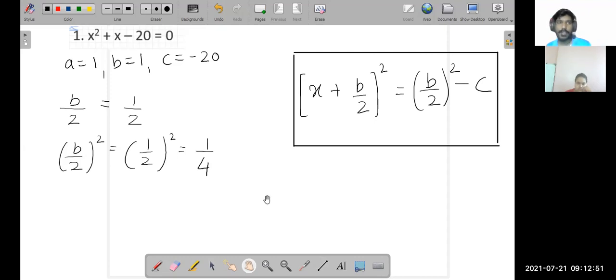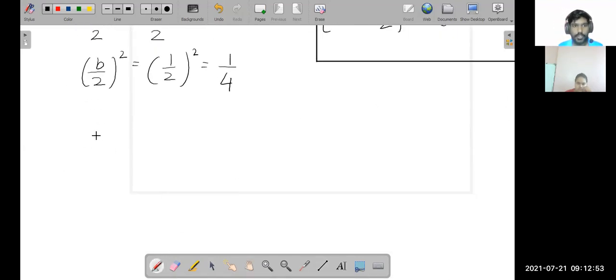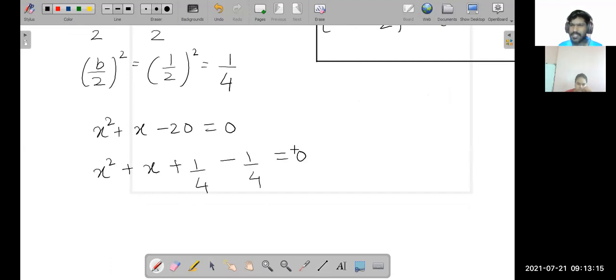Just for the method of writing, you write the original equation, x square plus x minus 20 equal to 0. And now you just add and subtract: x square plus x, you add 1 by 4 and you subtract 1 by 4, minus 20 equal to 0.